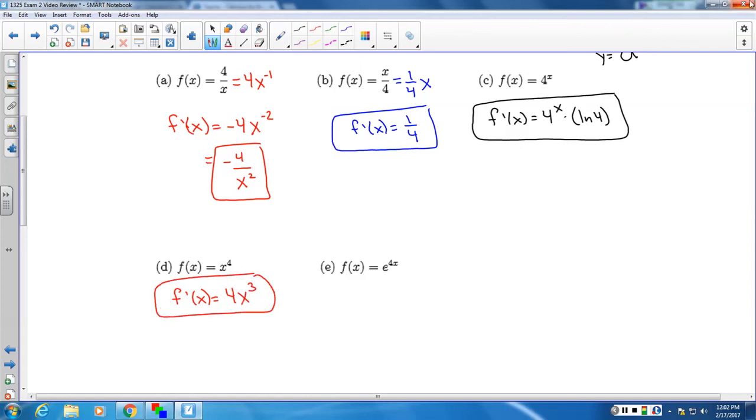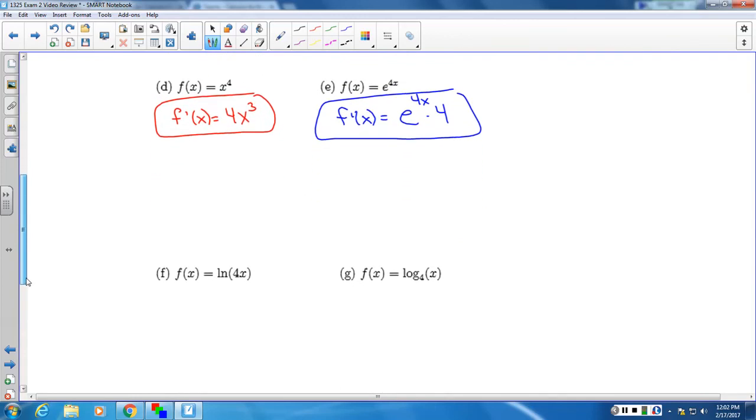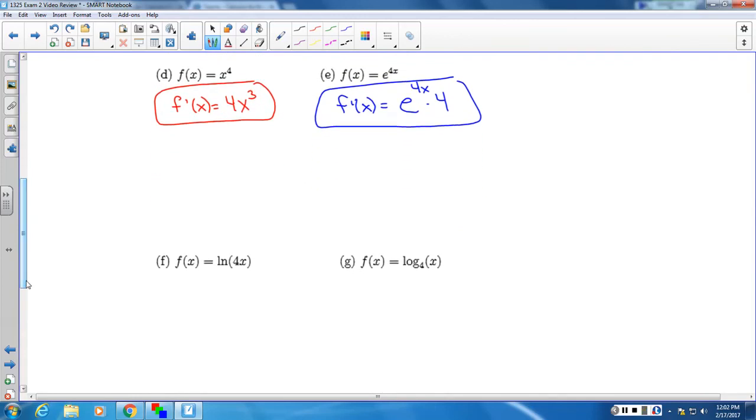And part E, derivative of, whoa, don't know why that happened. Derivative of e to the junk is going to be e to the junk times derivative of the junk. Oh, look, there's more to this problem. So, part F, we have the natural log of junk.